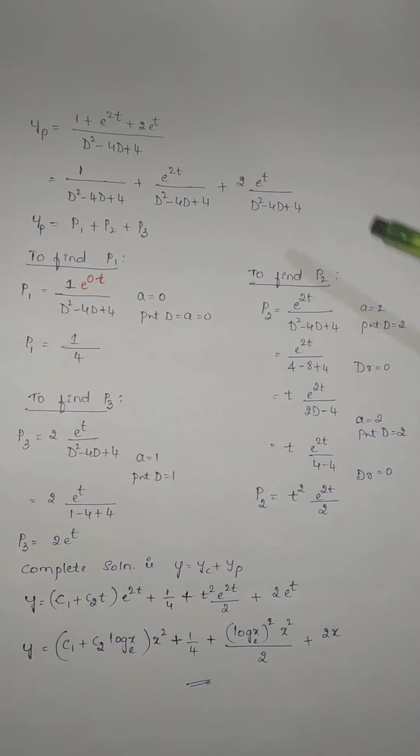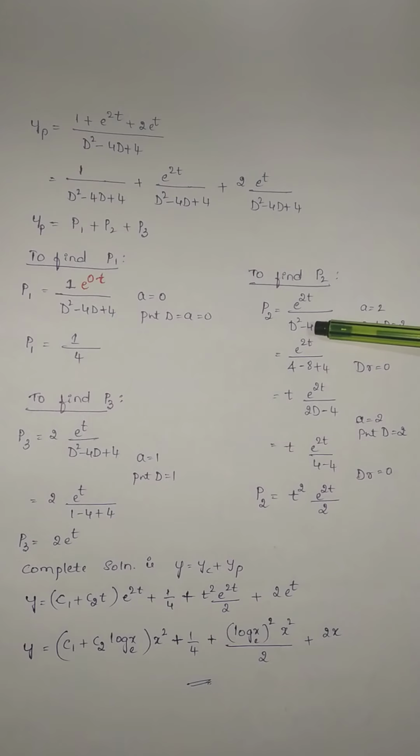Come to P2. P2 = e^(2t) divided by (D² − 4D + 4). Identifying the value of a and, by type 1, putting D = a in the denominator, you will get 4 − 8 + 4, meaning the denominator is 0. If the denominator is 0, take t as a pre-multiplier and differentiate f(D) in the denominator. The differentiation of D² is 2D, of −4D is −4, and of 4 is 0.